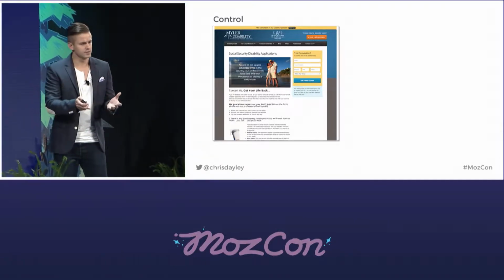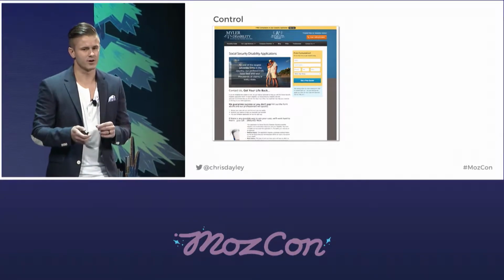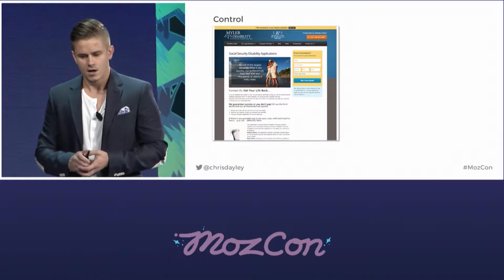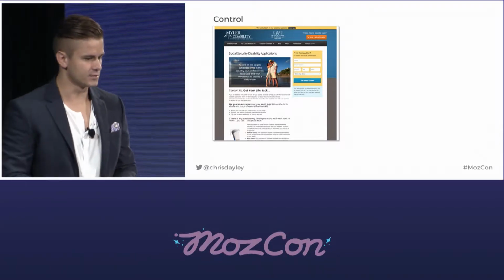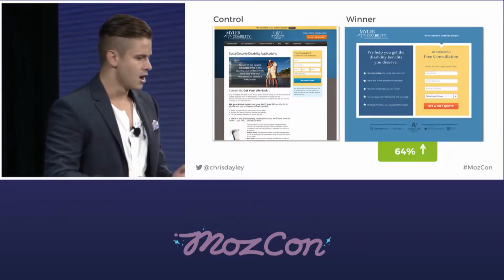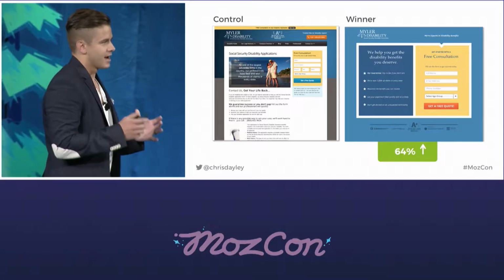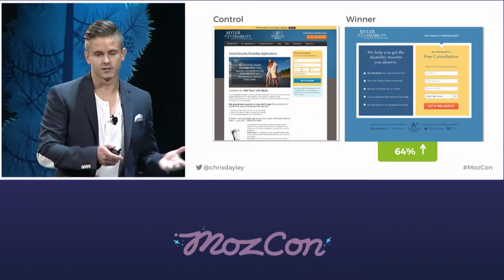They actually had run some headline testing, and their headline testing generated about a 3% lift in conversion rate. So very small. We came in and we tested 3 radically different designs for this particular landing page. Our winner generated a 64% lift in conversion rate, which is months, if not years, of testing on the old design.